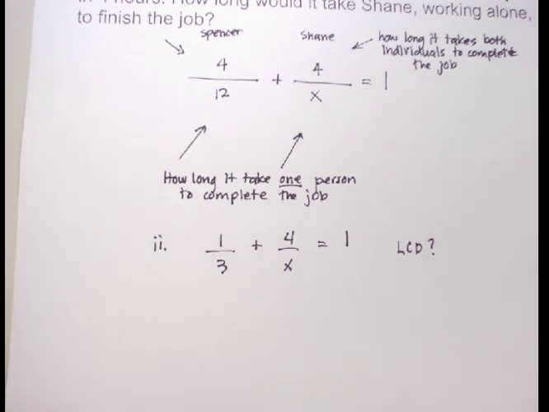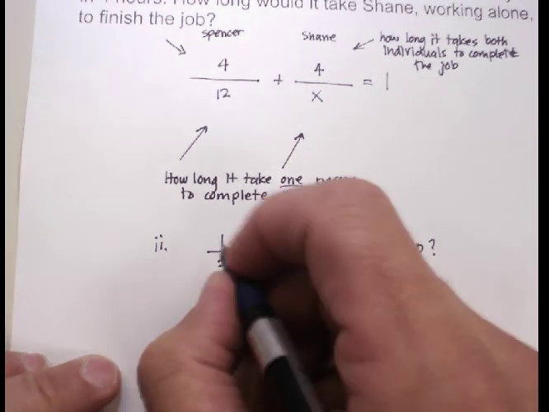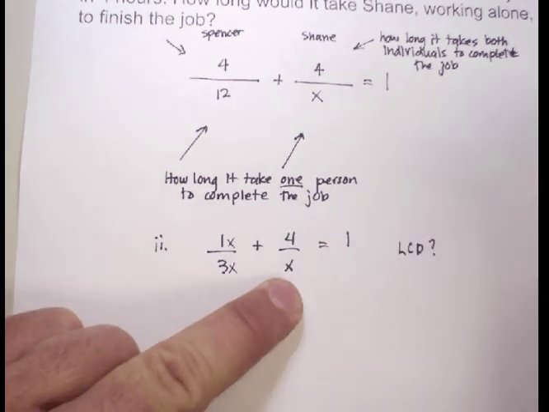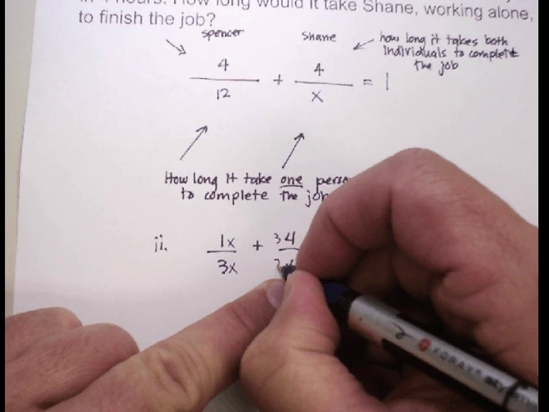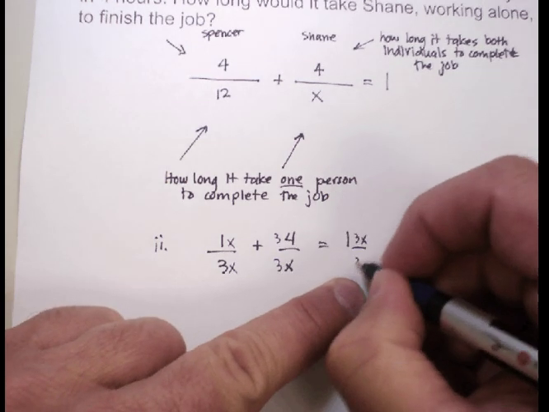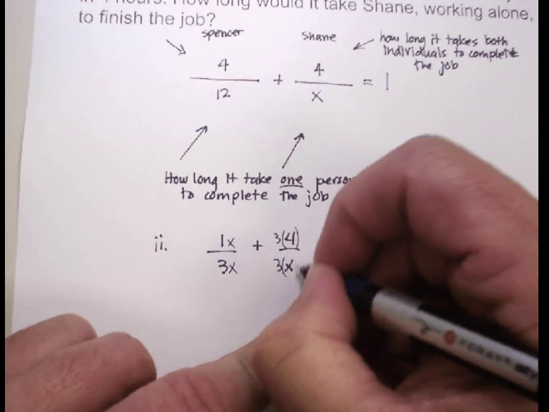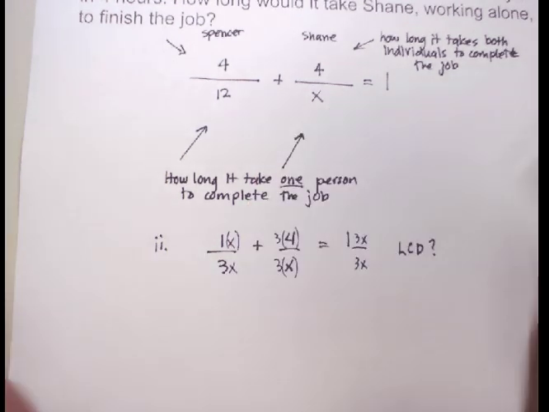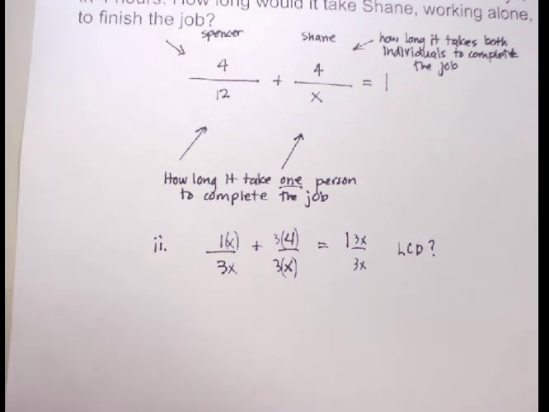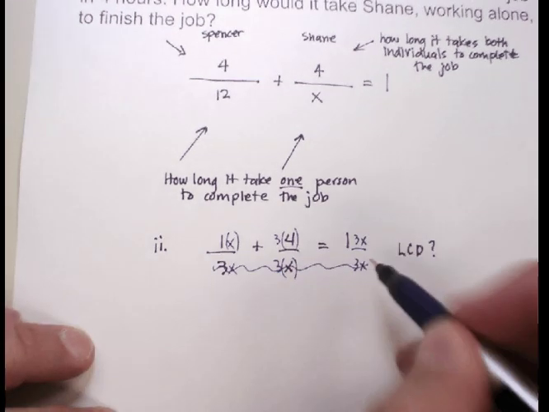Very good. So let's multiply this by 1, like we did in class. Let's multiply this by 3 over 3, and let's multiply this by 3x over 3x. All right? And remember what happens when you have the lowest common denominator. You can actually cross them out.